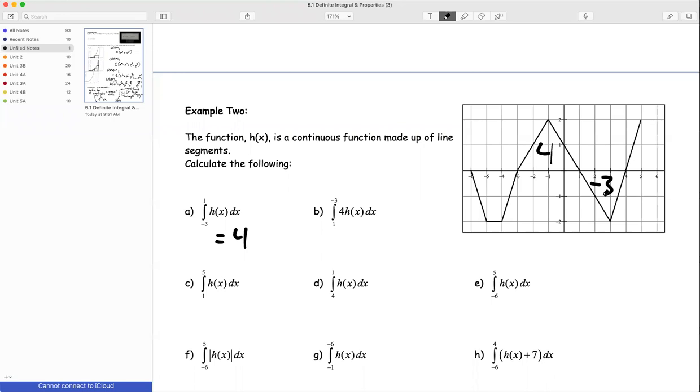Now I'm going to do from 4 to 5. It's also a triangle. I've got a base of 4, a height of 2. So my area is 1. And the last one here, you can do this a couple of ways. I'm going to go ahead and use the trapezoidal formula area, okay?